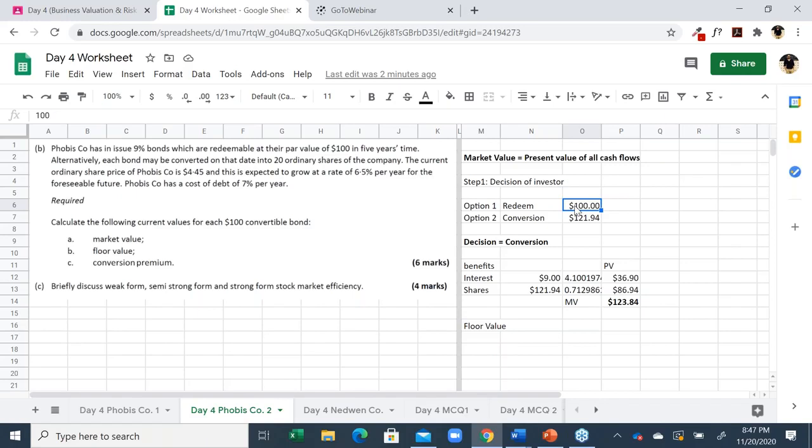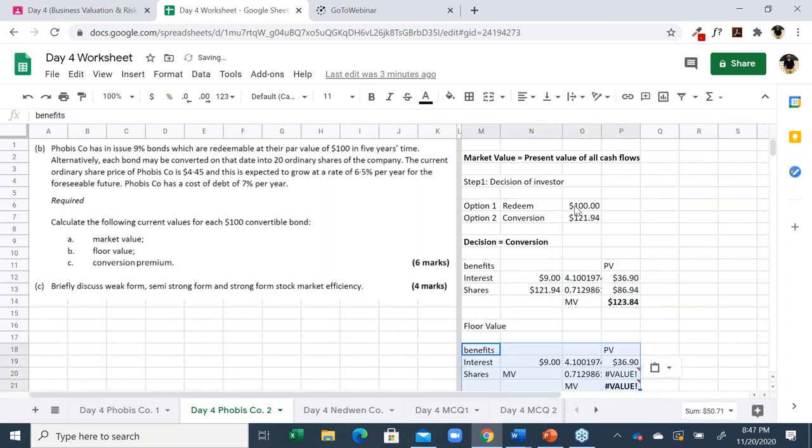So instead of putting this most likely value that the investor will be getting, if we put the minimum that he will be getting, the final answer will be the floor value, or we can call it the minimum value of this investment.